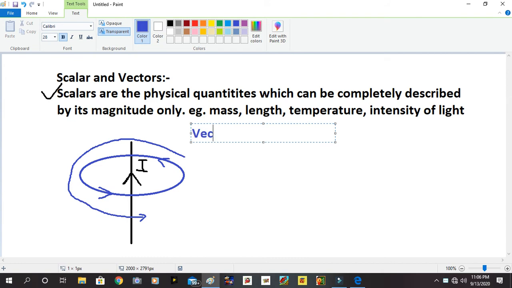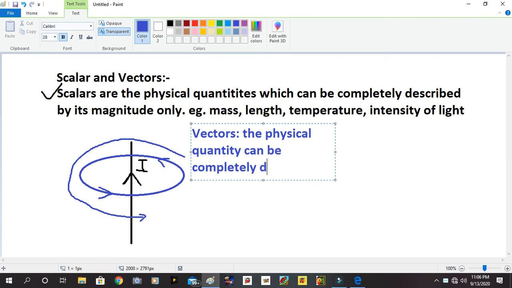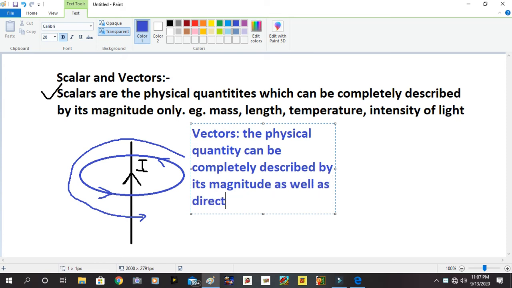Then the physical quantity that can be completely described by its magnitude as well as direction is called what?